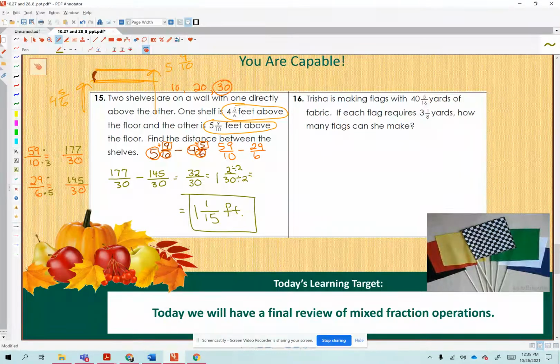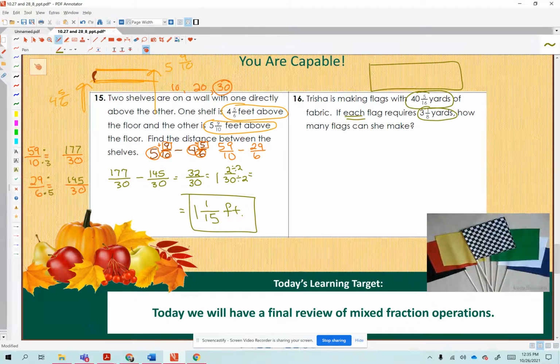In our next problem, Tricia is making flags with 40 5/16 yards of fabric. If each flag requires 3 1/8 yards, how many flags can she make? So she's got a lot of fabric. She's got 40 5/16 yards of fabric.